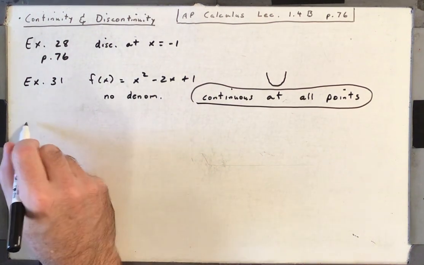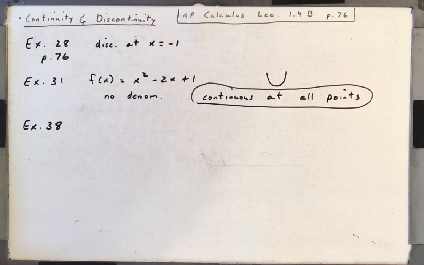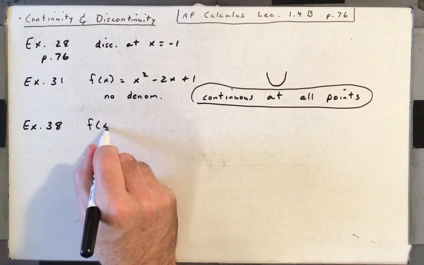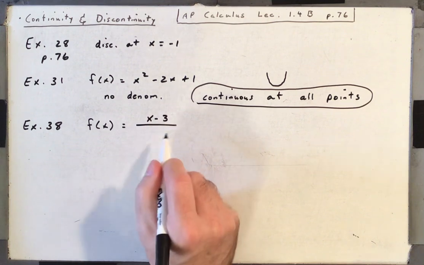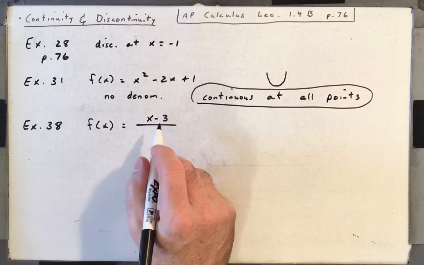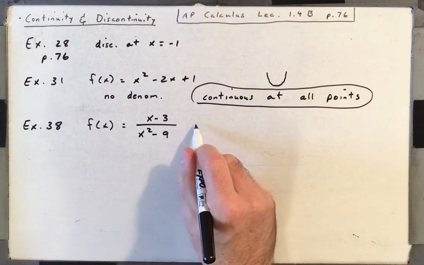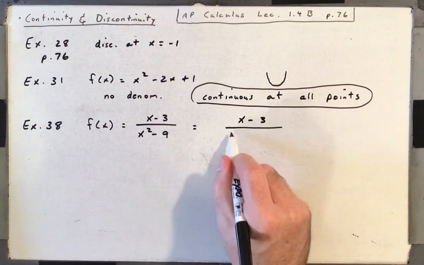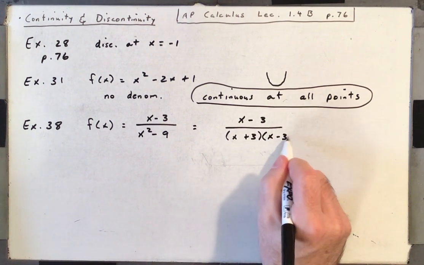All right, let's look at 38. Same set of instructions, and this time we have f of x is equal to x minus 3 over x squared minus 9. Well, let's factor that denominator. So we'd have x plus 3, x minus 3.